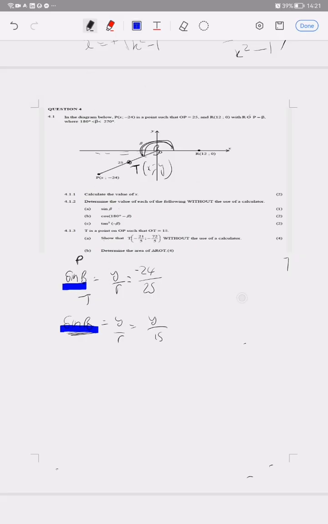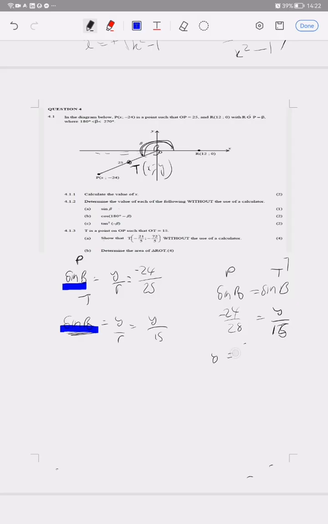Therefore I can say sine beta P is equal to sine beta T, because they're sharing the same angle. So sine beta is negative 24 over 25, which is equal to y over 15.